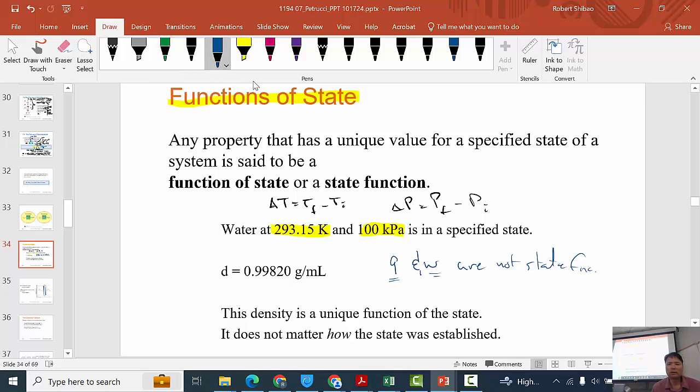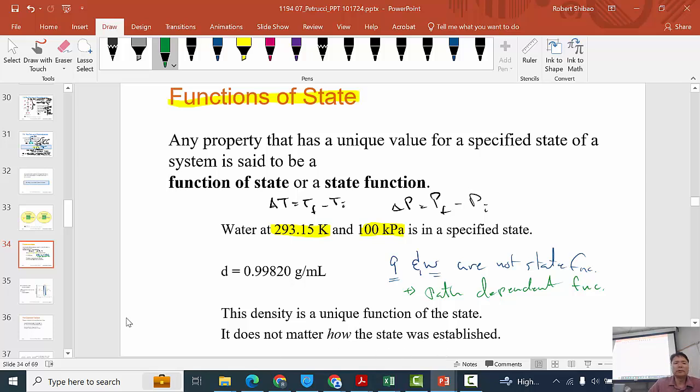And so Q and W are not state functions. Instead, they are path-dependent functions.